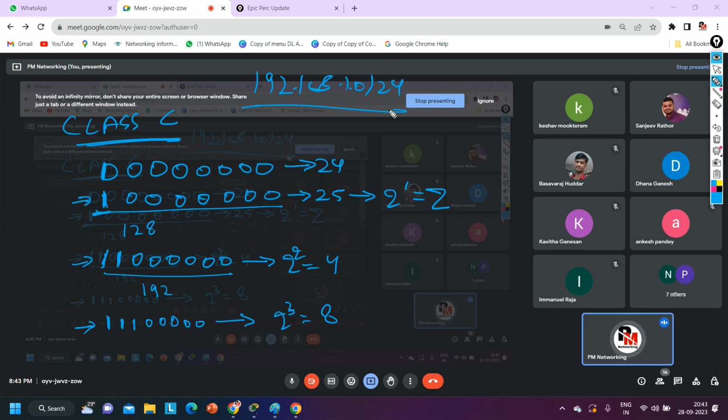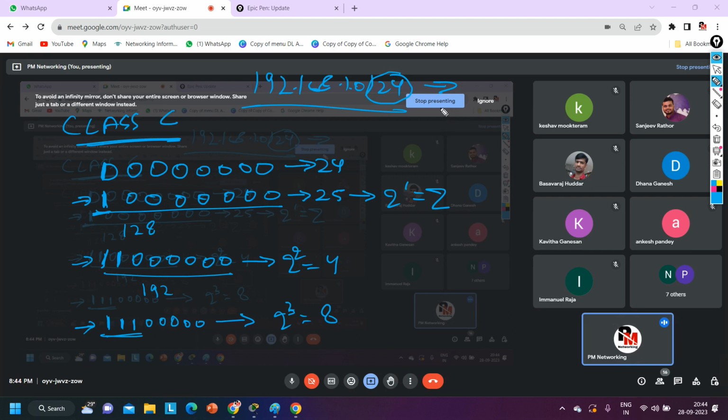Let's say your organization has given you an IP address 192.168.1.0/24, and they told you to divide this network into 8 parts. So you will set the network bits to what? 27, yes or no?